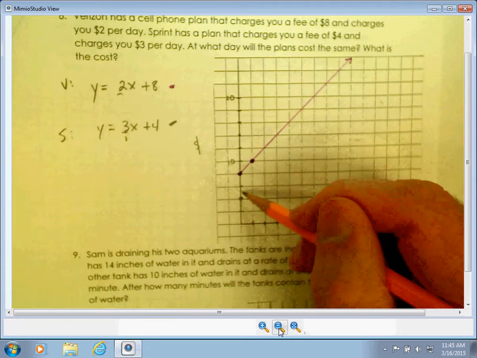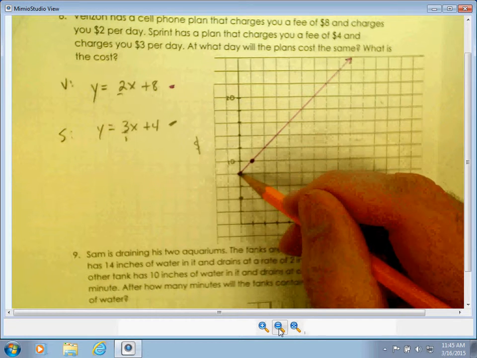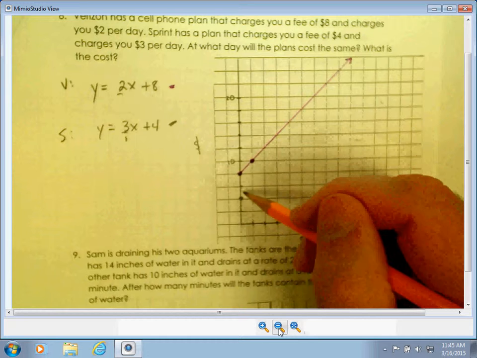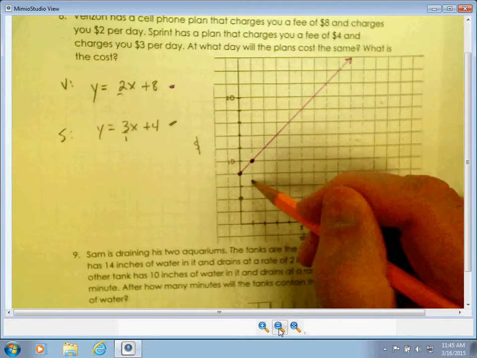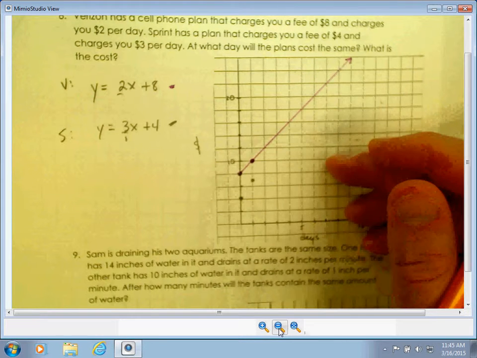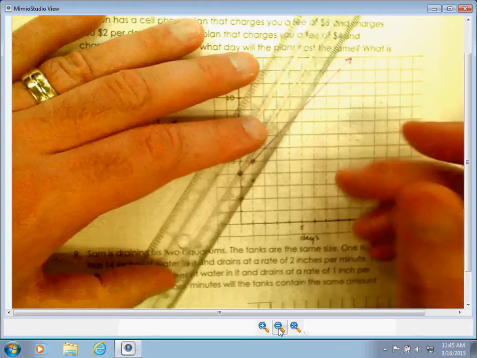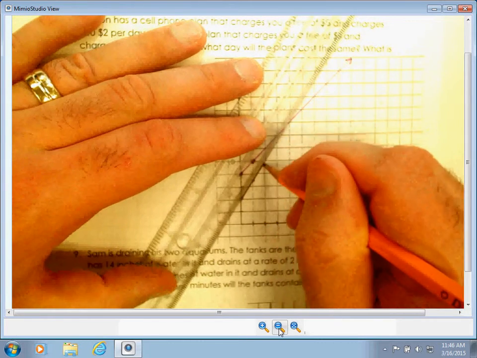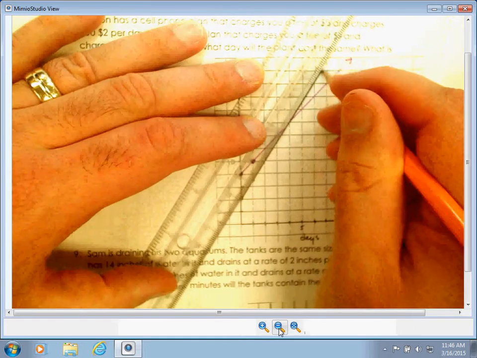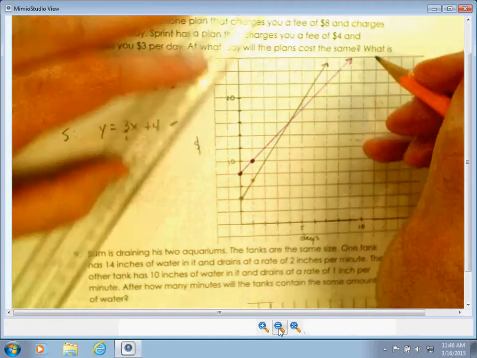So I'll go up 2, and then if I go up another whole block, that's 4. I don't want to go up that high, so I'll go up 2, and then I'll go about halfway for 3 and over 1, somewhere right in there. And it looks like the Sprint graph looks like that.